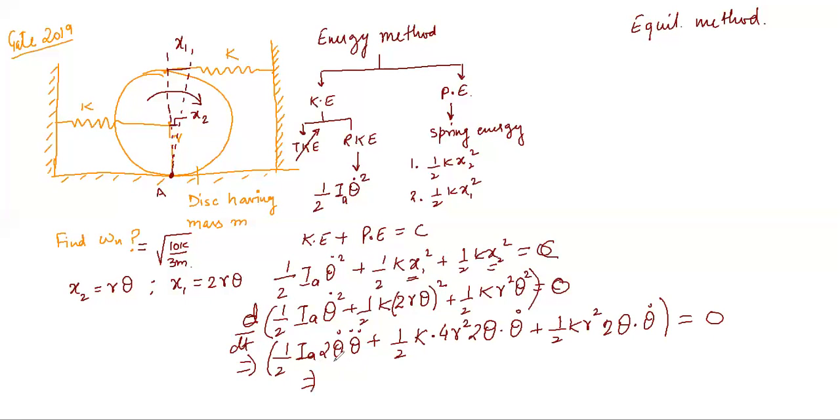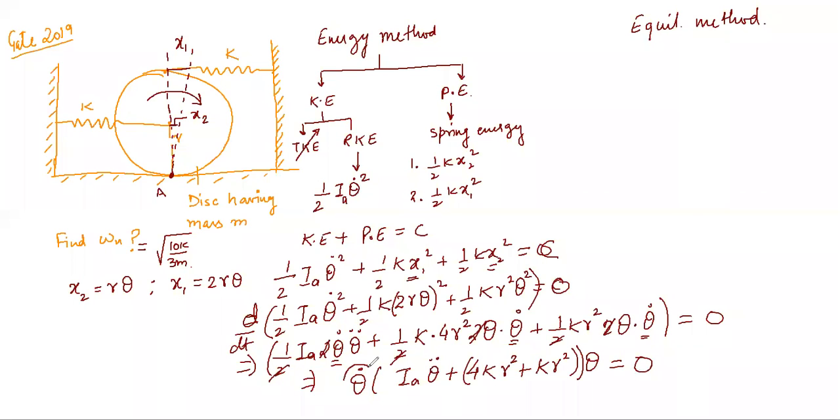Just take theta dot common, and the 2s cancel out. Taking theta dot common, the required equation is IA theta double dot plus 4k r square plus k r square times theta equals 0. So the product of these is 0.